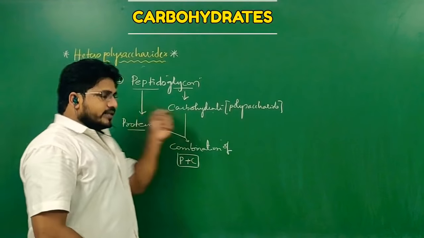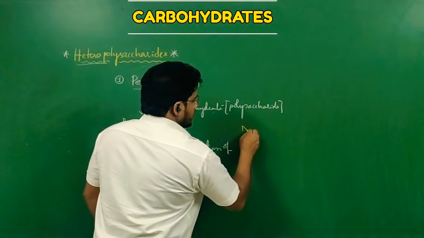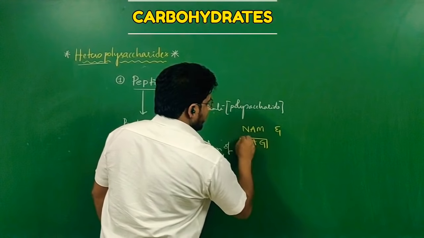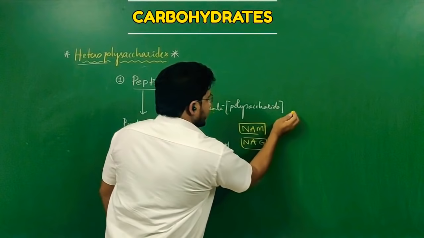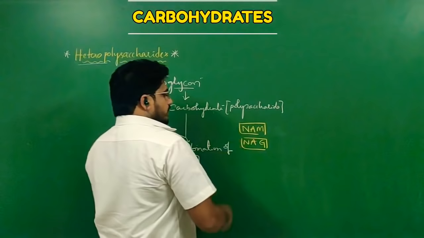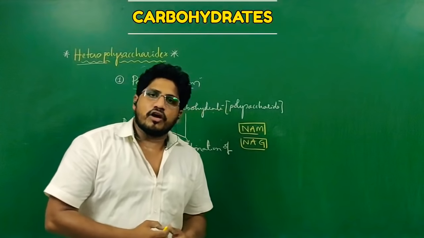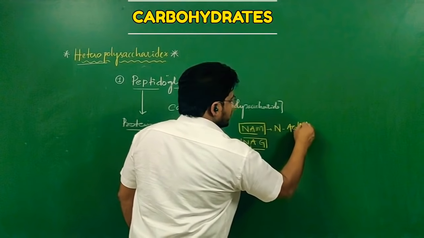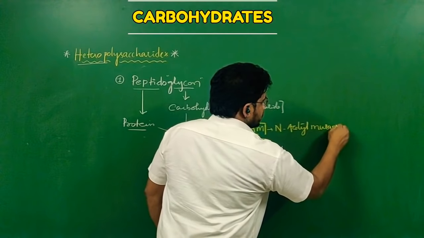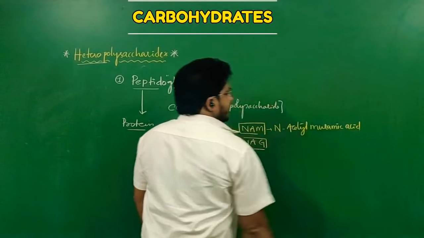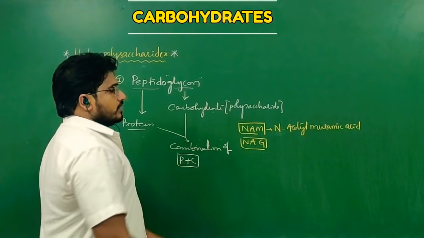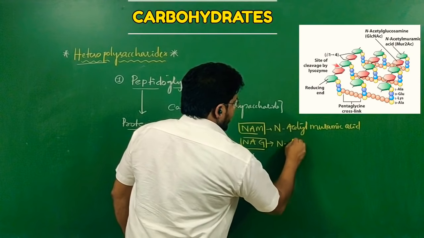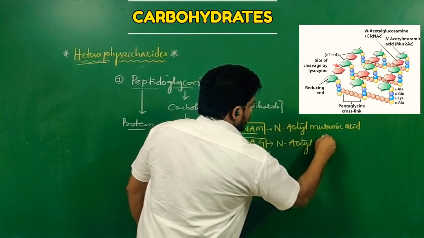More than that, in this structure, NAM and NAG structures will be present, means they are chemical compositions. What is NAM and what is NAG? These two are derivatives of glucose. NAM full form is N-acetyl muramic acid, a derivative of glucose, and NAG full form is N-acetyl glucosamine.